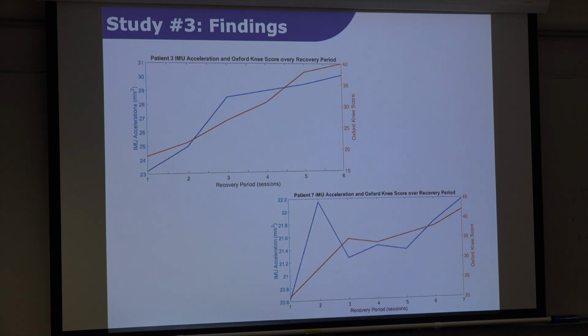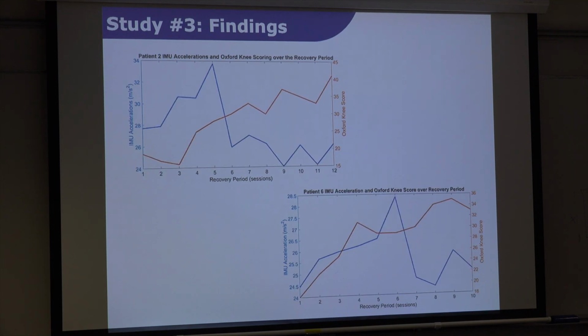When we compared their Oxford knee score in rustic brown to their IMU accelerations in cornflower blue, we found that some of their relationships are quite consistent in their reportings, but others, and most of the people, actually deviated from what they reported.